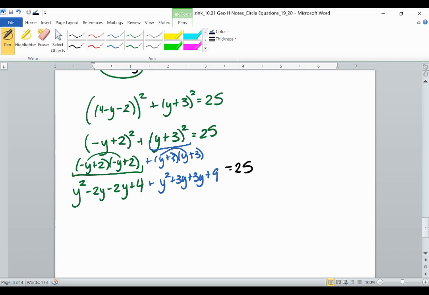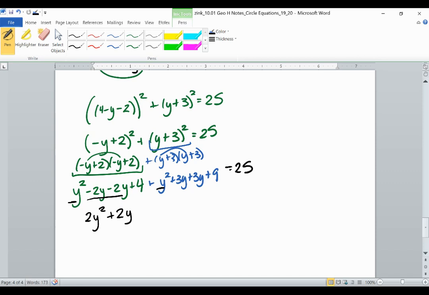Now let's combine our like terms. So I've got y² plus y² is going to give me 2y². Got negative 2y minus 2y is negative 4y, and negative 4y plus 3, so that's negative 1 plus 3, which is 2y.